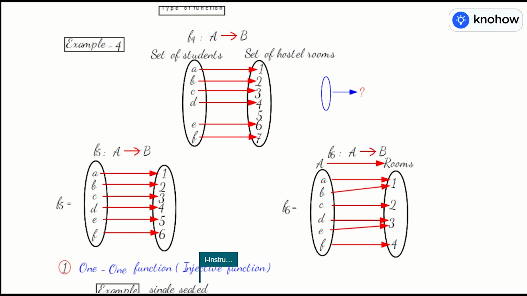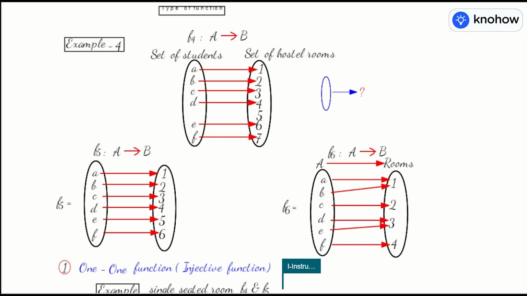What are the examples? Function 4 and function 5 are one-one functions. That is, each student has been allotted a room, no doubt, a unique room, but there is no sharing.